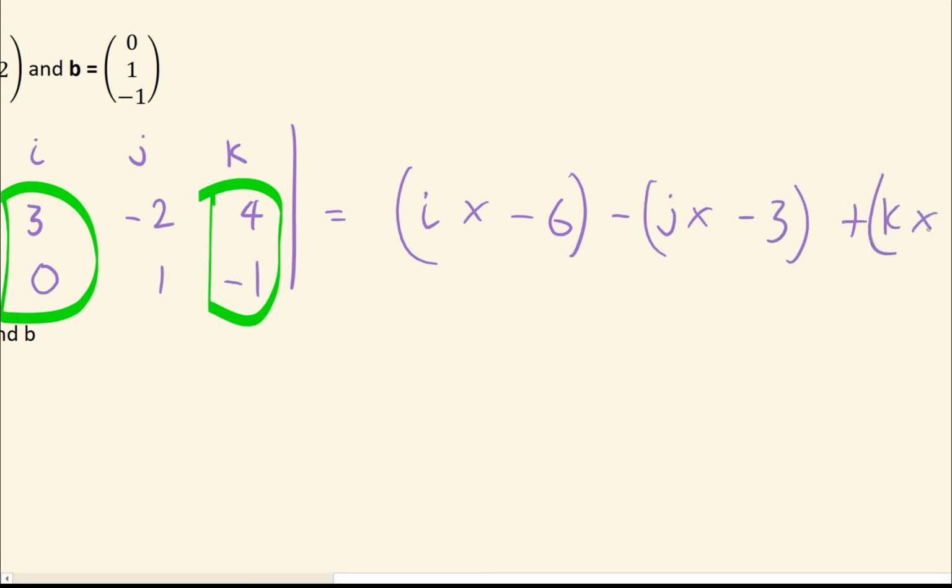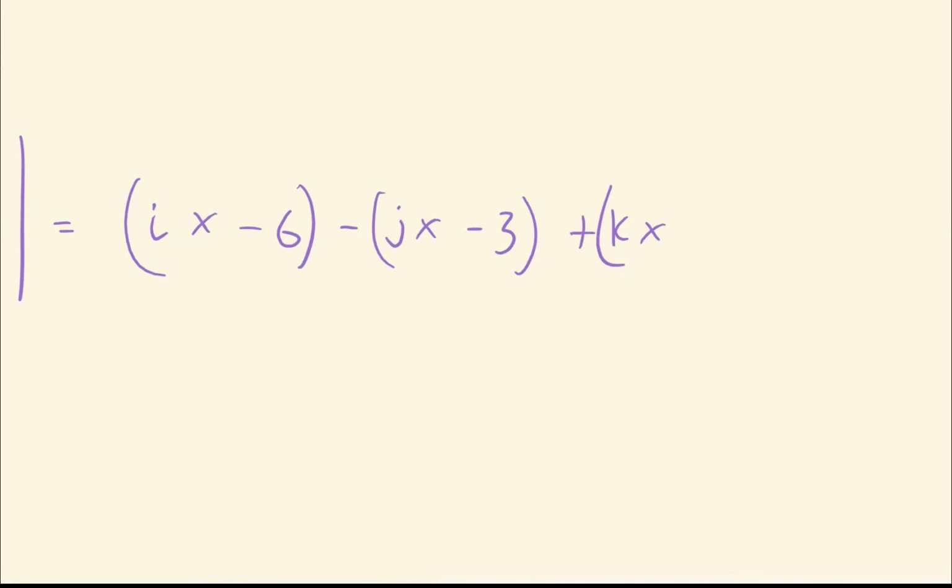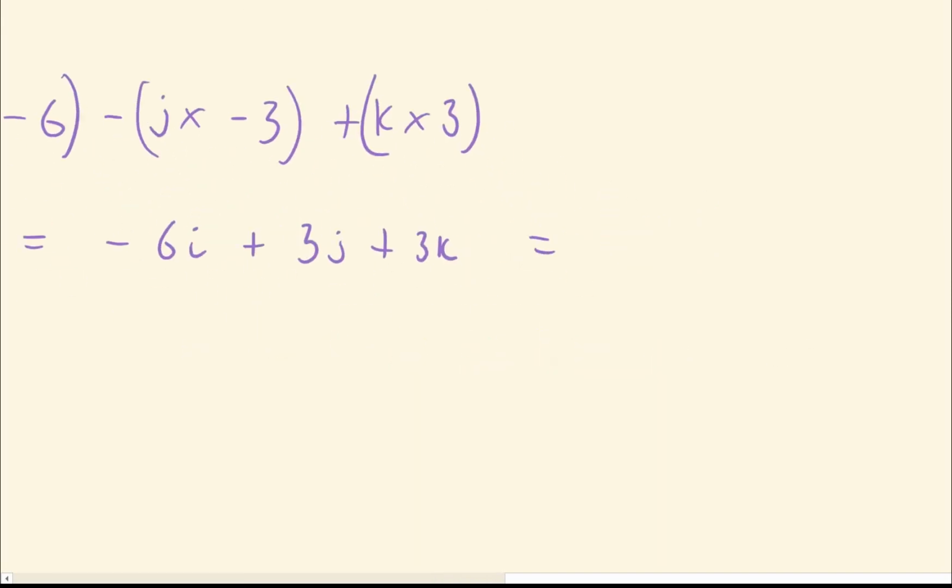Then we want plus k times the determinant of this bit here, which will just be 3 times minus 1 minus nothing, which is 3. And that is my cross product. So plus 3j and plus 3k. So that's going to equal minus 6, 3, 3.